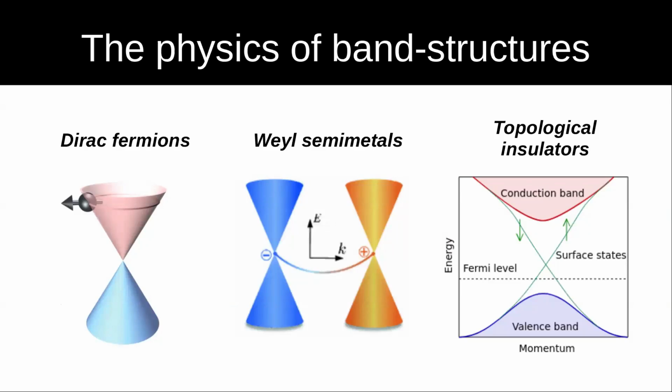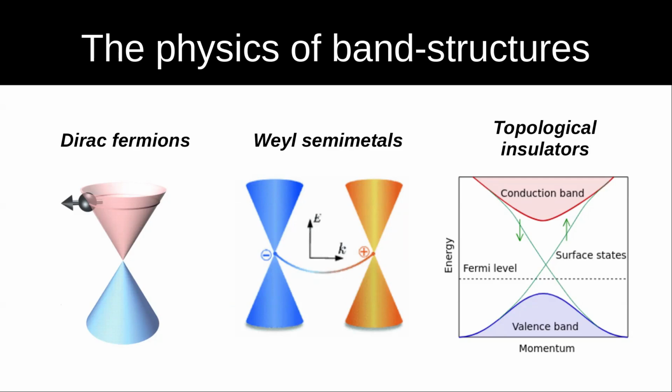There's a lot of really exotic phenomena that we can understand just at the single-particle level from studying electronic structures and band structures. Some of these examples are, for example, the emergence of Dirac fermions in materials, so the emergence of fermions that have a zero effective mass.